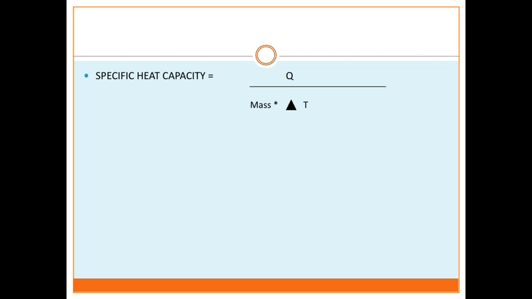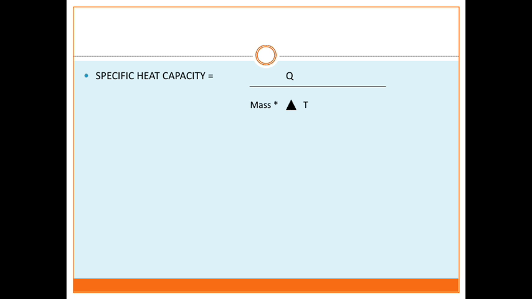See, it is the same as heat capacity, but the only difference is that in the denominator you have one extra term, that is mass. Mass means weight of a substance. So from this we can define the specific heat capacity.